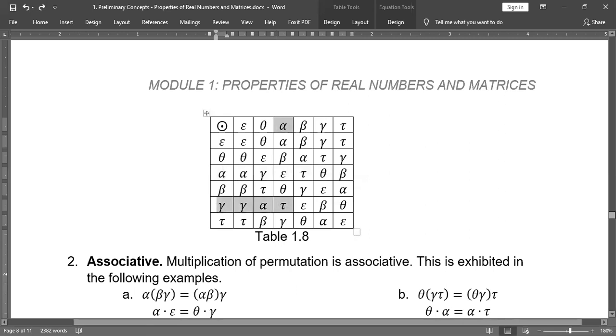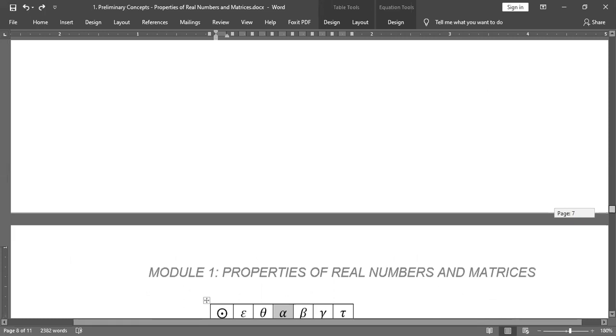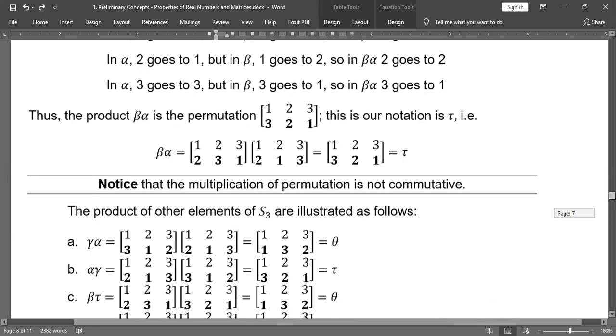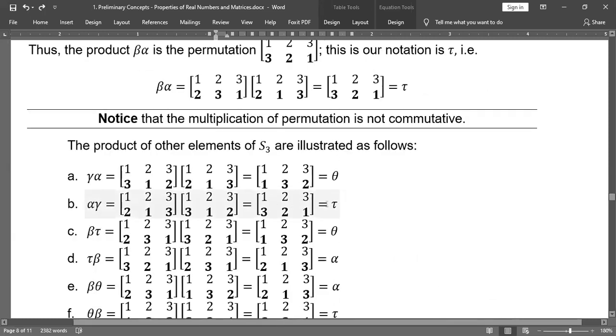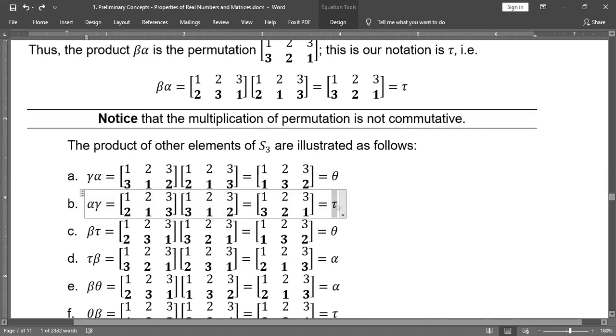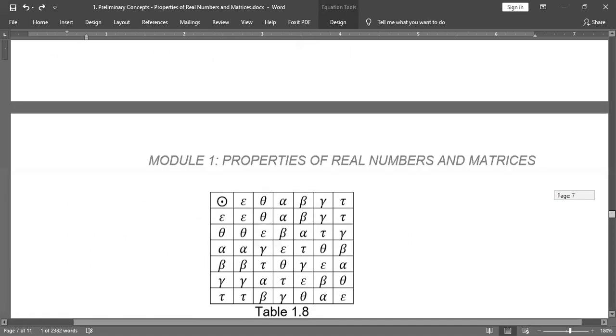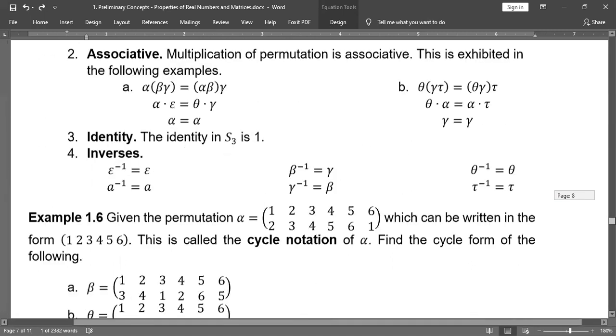Mabalikan natin, alpha times gamma, ayun, si tau siya. So, mag-start tayo dun sa row. And then, the first row serves as our first factor. And the column naman serves as our second factor. Okay, malinaw yan? Malinaw ba, guys? Yes, sir.